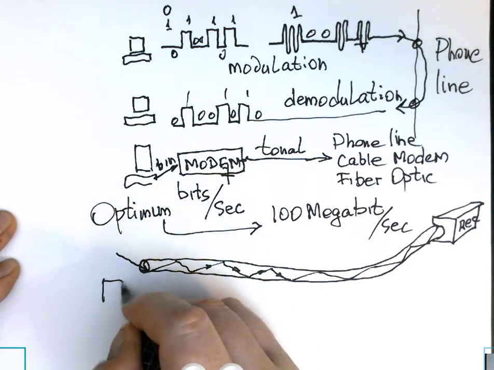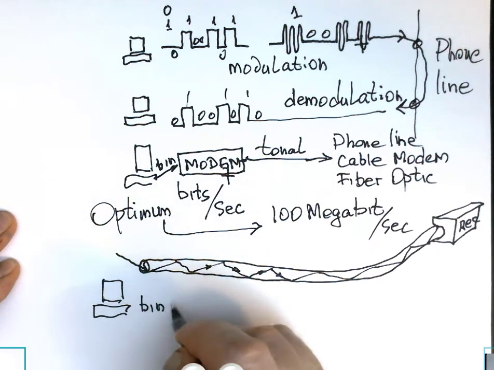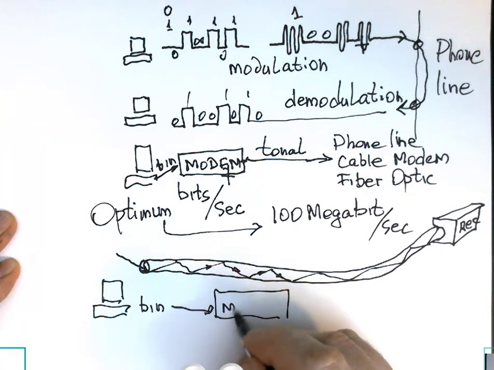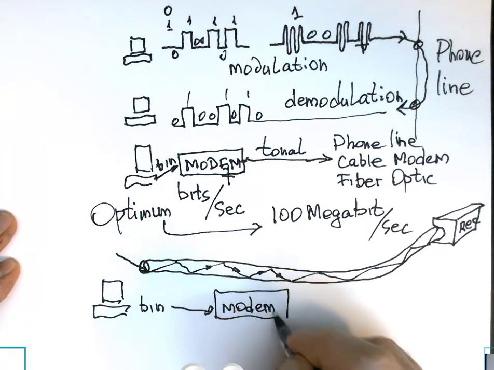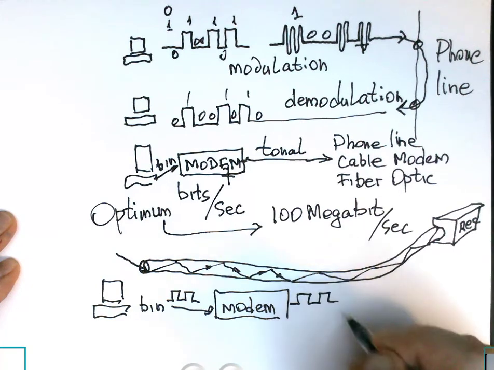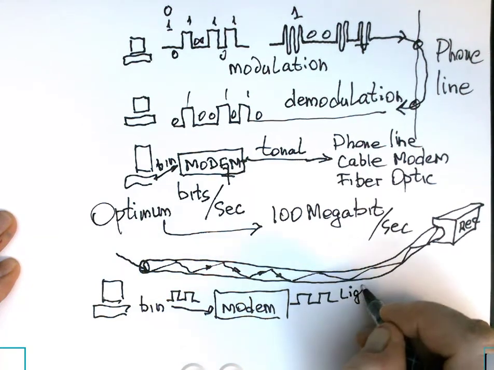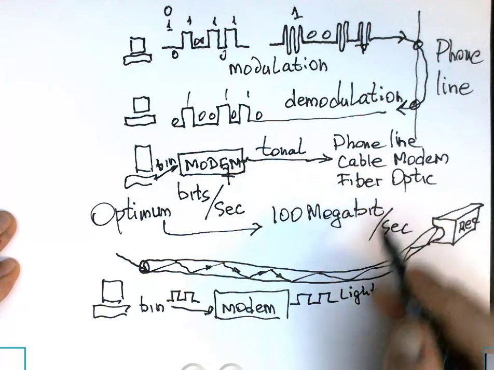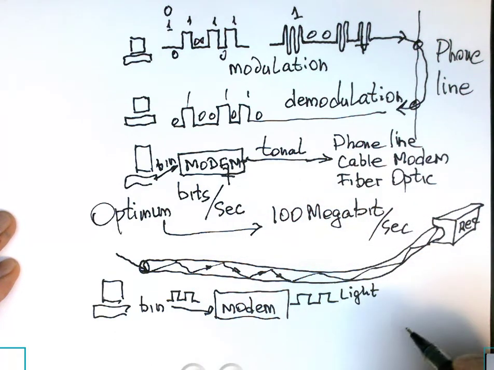Definitely. Because the binary signal from the computer goes to the fiber optics modem, which converts binary electrical pulses into pulses of light, because fiber optics, folks, means optics, meaning light. It is an optical device dealing with light. So that is, folks, how a computer generates a telecommunication signal.